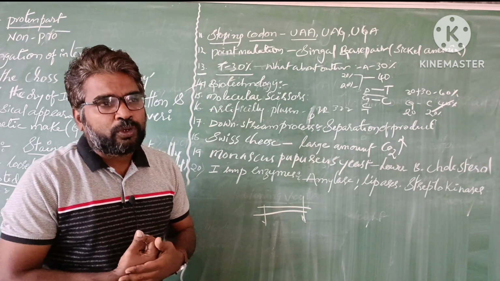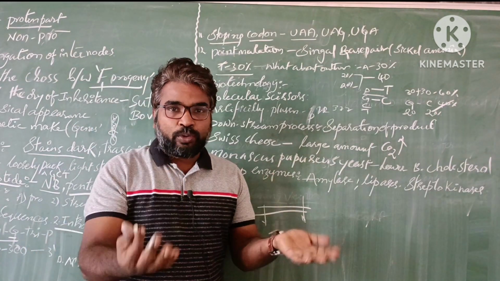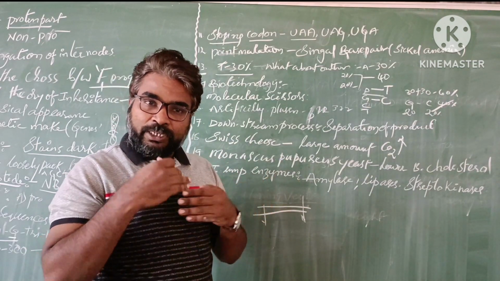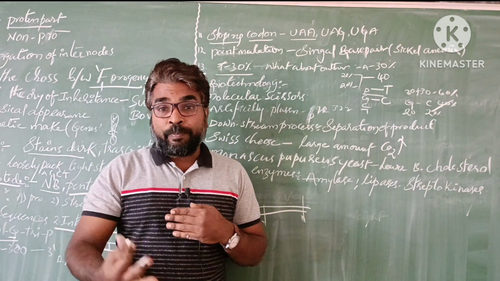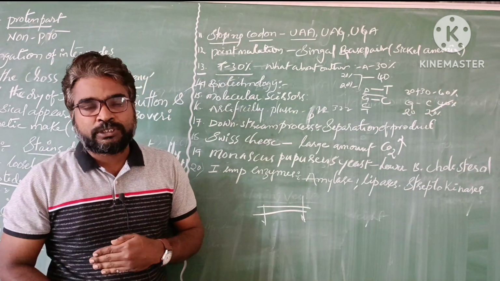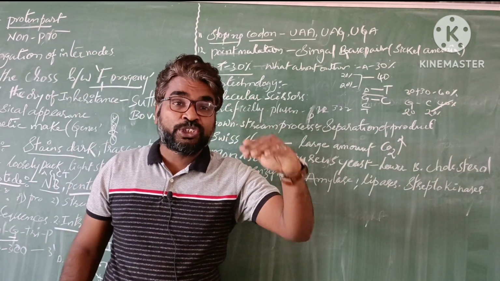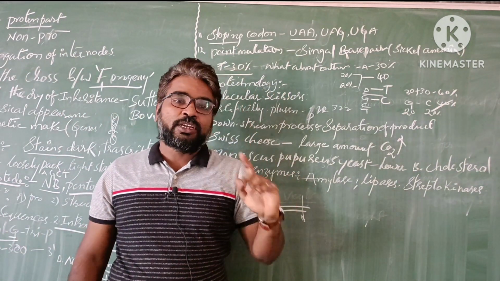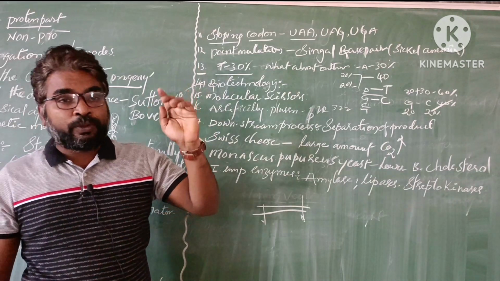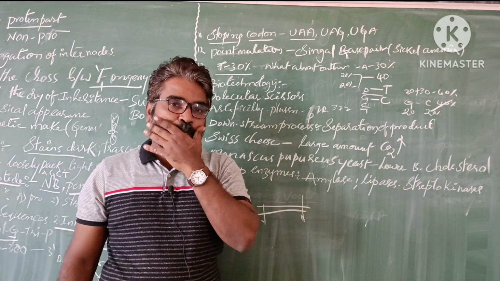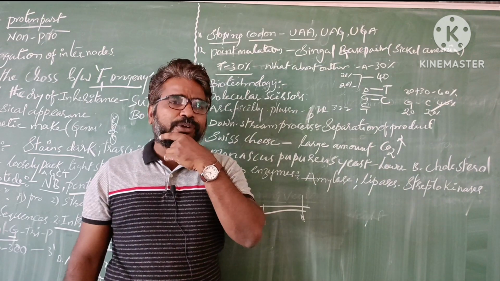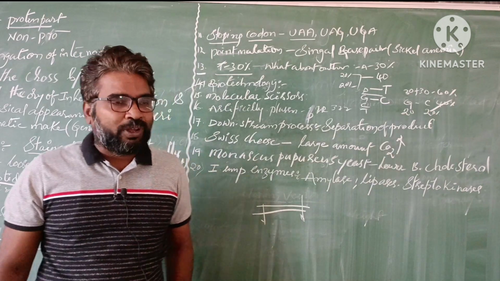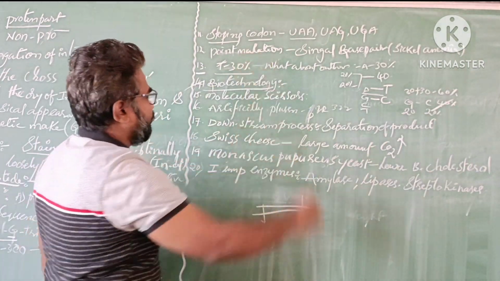Different types of organisms, microorganisms and genes, we are using here, and technology is also involved in this. The technology or the organisms we use for human welfare, that we call biotechnology.